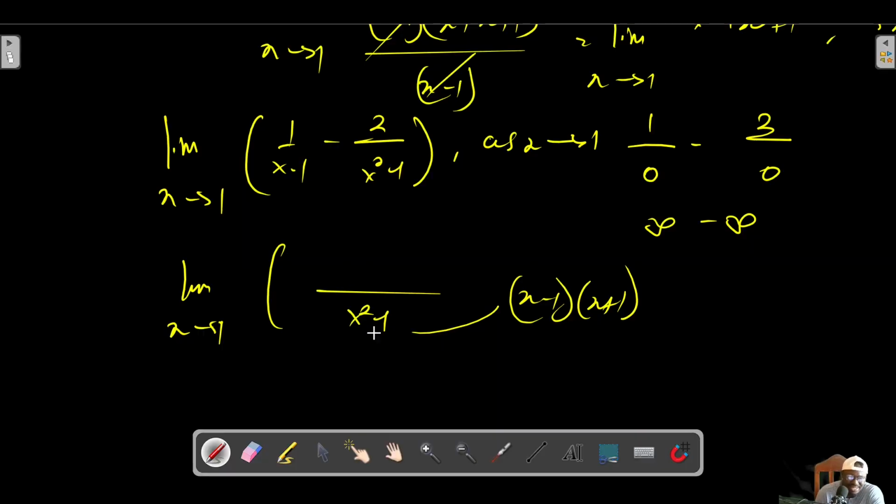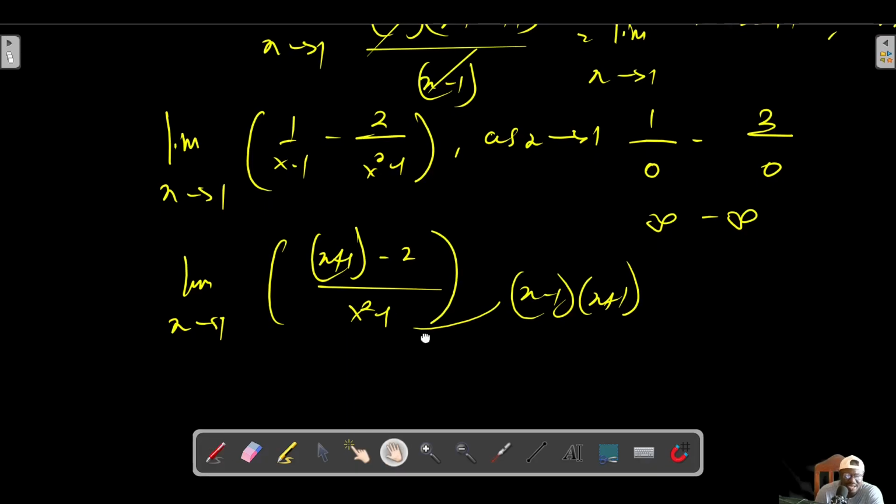So the LCM is x squared minus 1. So x minus 1 divides x squared minus 1 how many times? x plus 1 times. Then you multiply the resultant factor by 1, which is x plus 1. Now, x squared minus 1 divides x squared minus 1 how many times? That is 1 time. So 1 multiplied by 2. This is what we end up with.